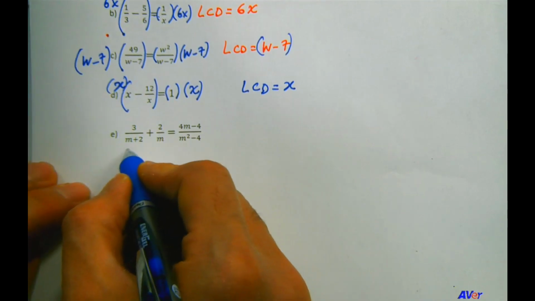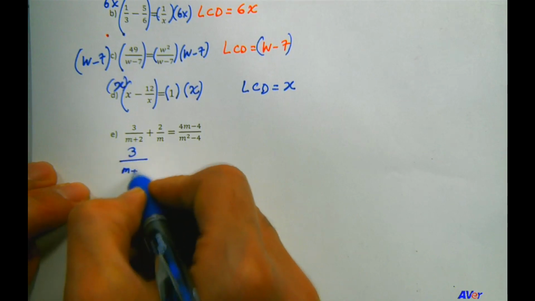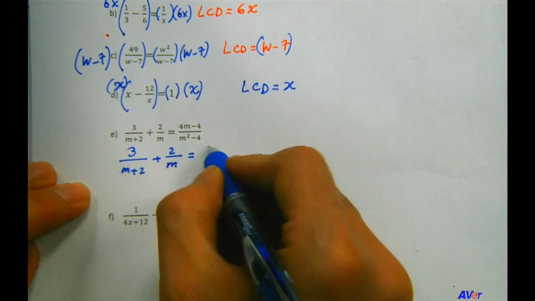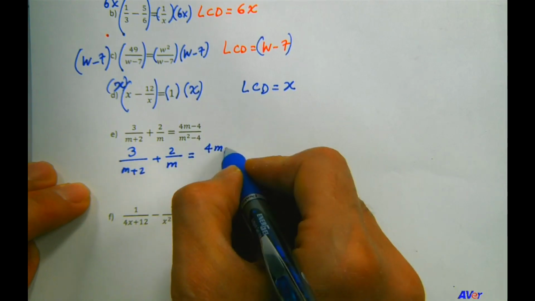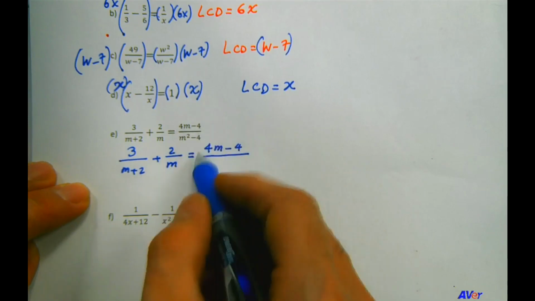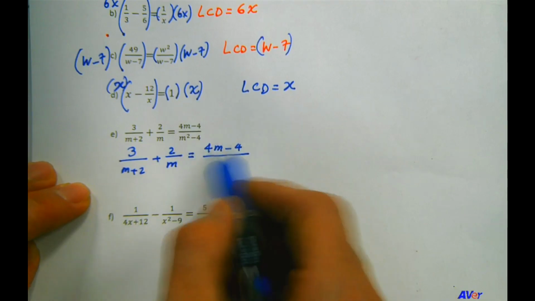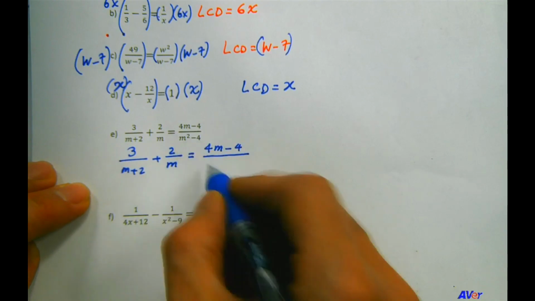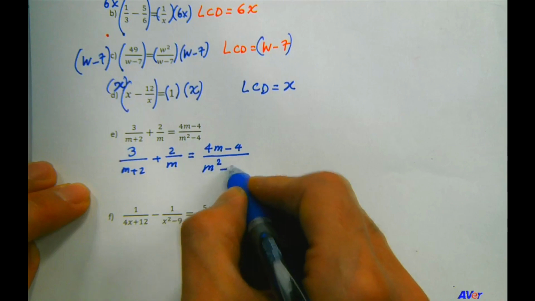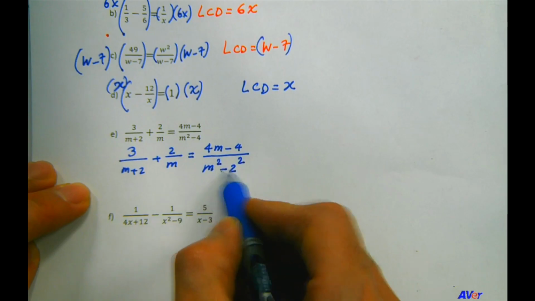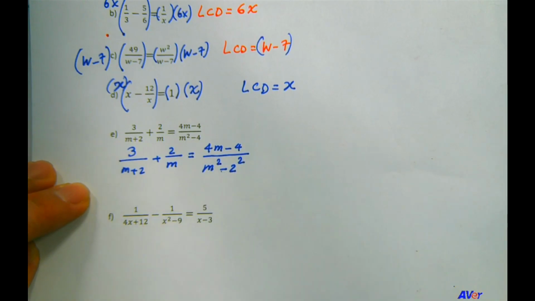So let's write it down. We have 3 over m plus 2 plus 2 over m equals 4m minus 4. The numerator can be factored too, but at this point we're looking for LCD. So never mind the numerator for now. Just focus on the denominator. So that is m squared minus 2 squared, right? So a perfect square minus another perfect square, just like the situation we have here.